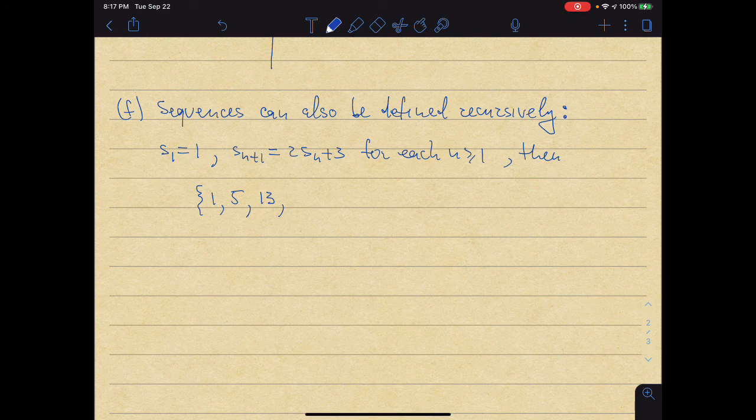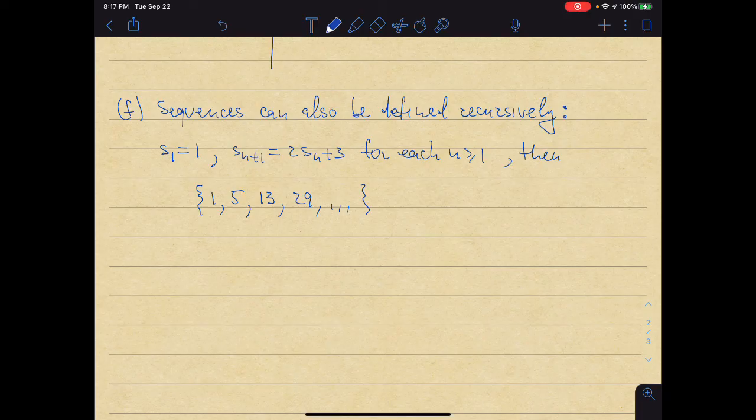If S3 is 13, then what is S4? When I compute S4, n is equal to 3. S4 is 2S3 plus 3. S3 is 13. So 26 plus 3, that is 29. And I can continue like this forever, and I will be able to specify all elements.